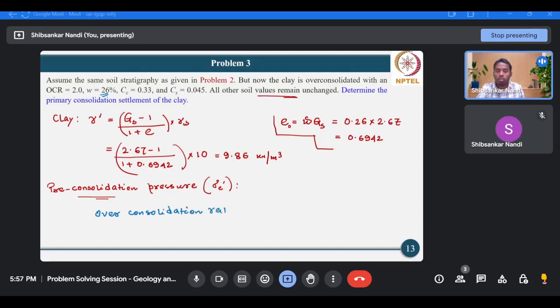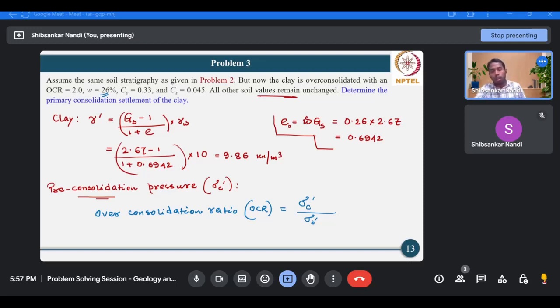So over consolidation ratio is defined as the ratio of the past maximum effective overburden pressure to the present effective overburden pressure. This is called OCR. If you know the OCR value and the present effective overburden stress, then you can easily calculate the pre-consolidation pressure from this relationship.